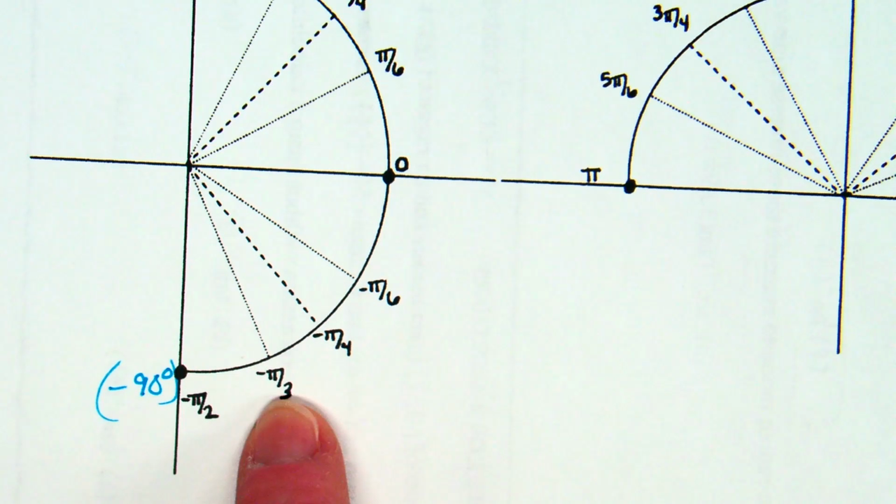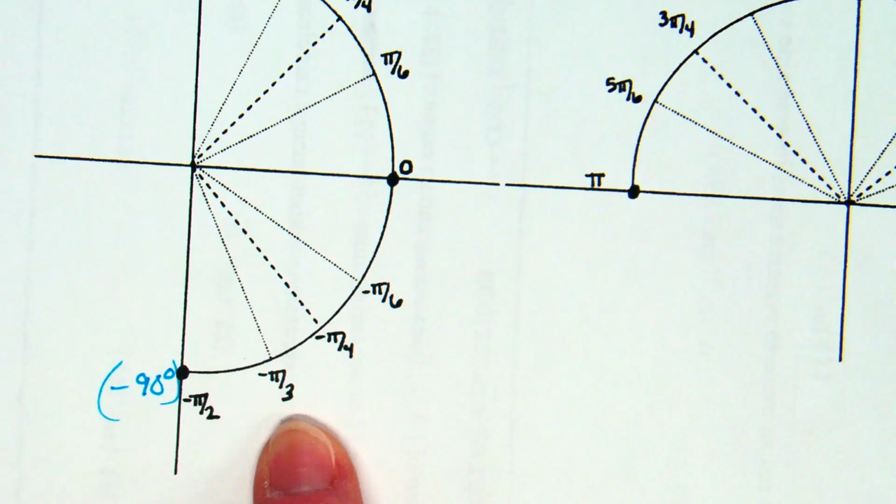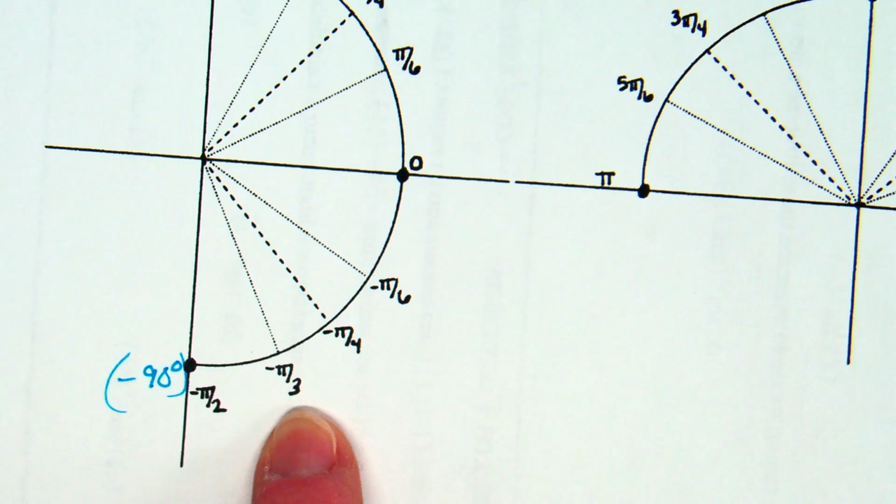And I agree, this is the location of 5 pi over 3. But it's a big technicality, and 5 pi over 3 is wrong. That's not in the acceptable range. But the equivalent name to 5 pi over 3 is negative pi over 3. Okay?